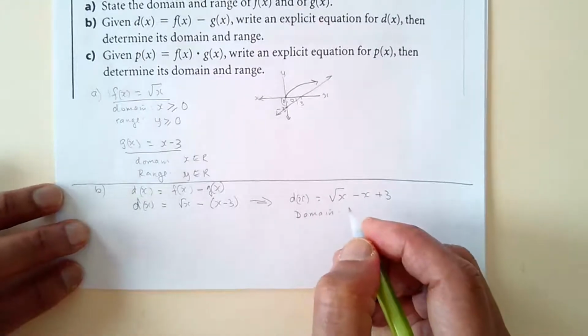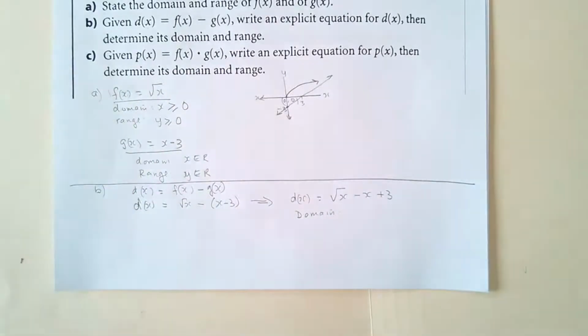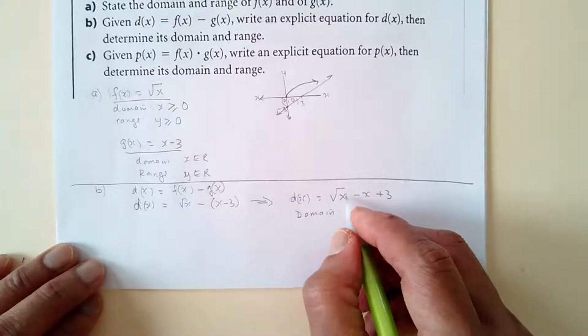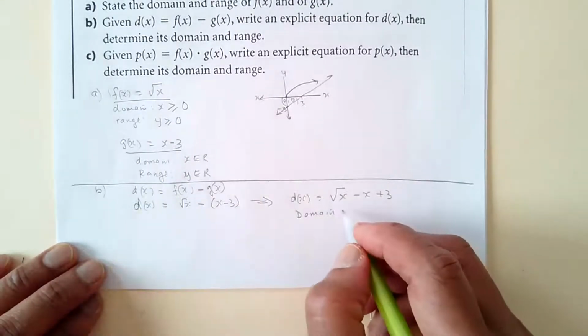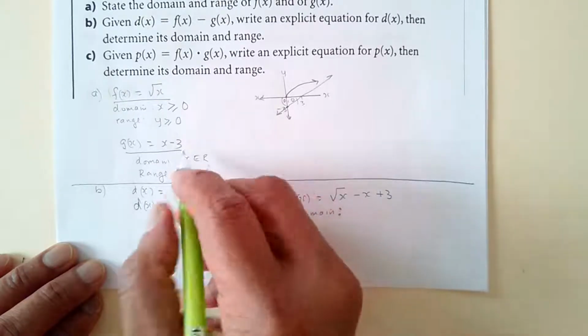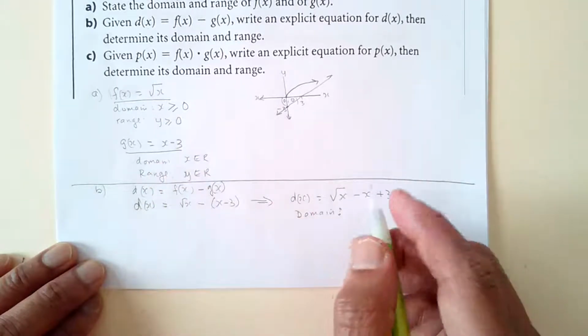Domain would be, in this case, where x is greater than or equal to 0, because it's the square root. As we know from the composite in the previous statement, the domain has to be greater than or equal to 0.